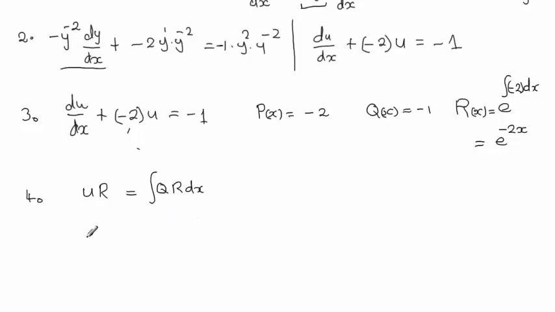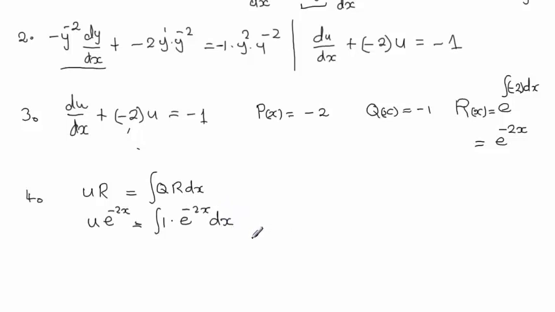So doing that here, we simply say u multiplied by e to the power of minus 2x equals the integral of 1, that is for q, multiplied by e to the power minus 2x dx.